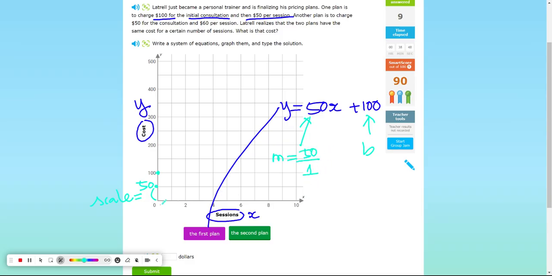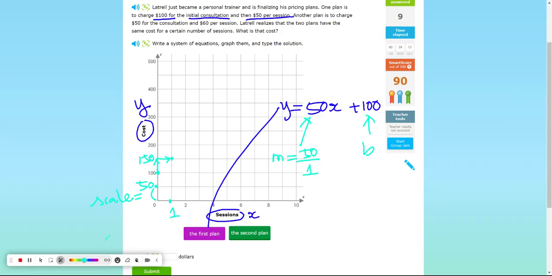I can go from 100 up 50 easily, and to the right side 1. So up 50, from 100 that's 150 right there, and go to the right side 1. Okay, so I'm done.